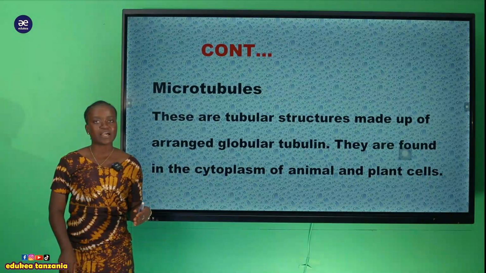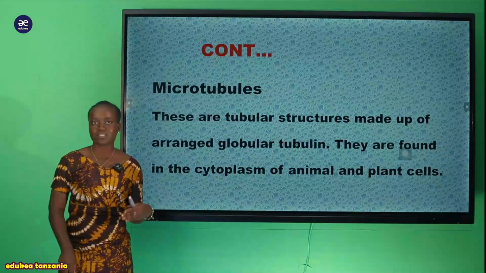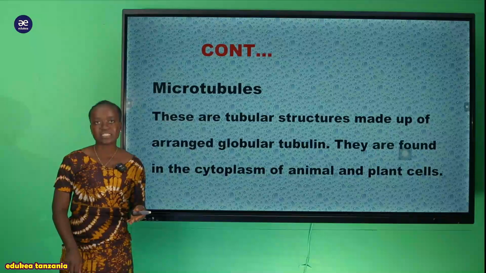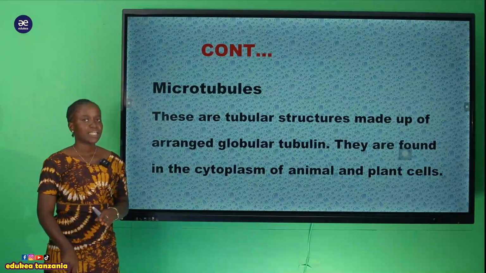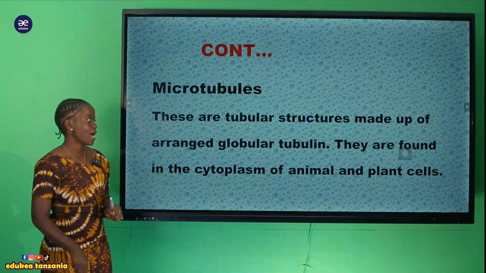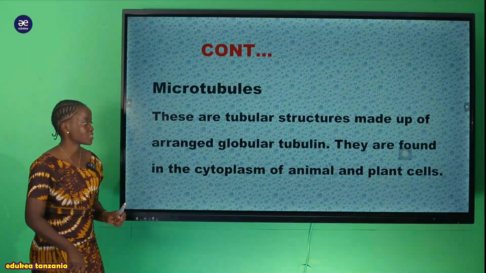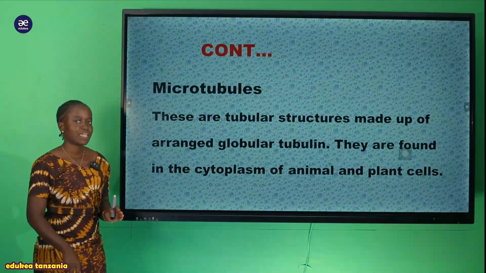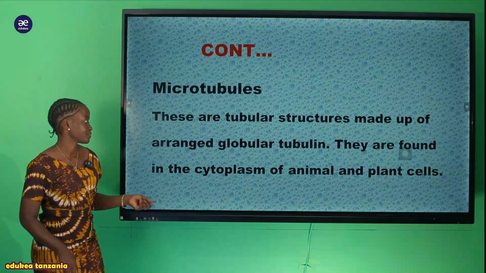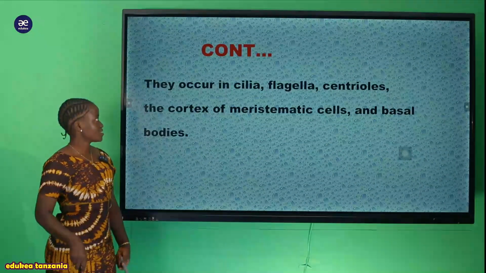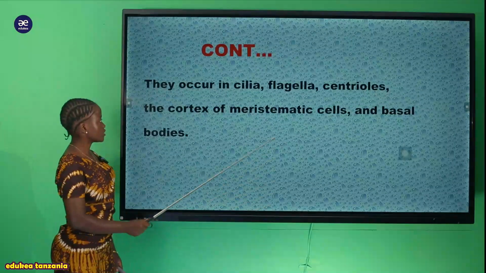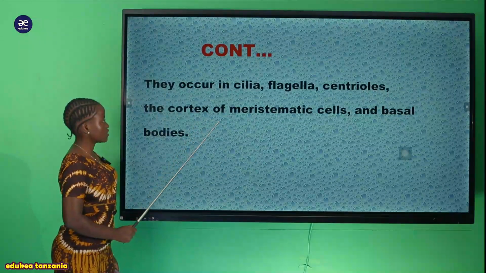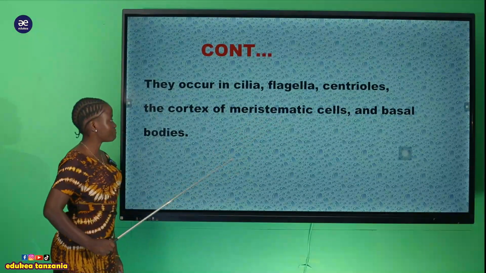Remember, while we started discussing this cytoskeleton, we said that they are found only in the eukaryotic cell, that is the plant cell and animal cell. So here we say that they are found in the cytoplasm of plant cells and animal cells. But they also occur in cilia, flagella, centrioles, the cortex of meristematic cells and the basal body.